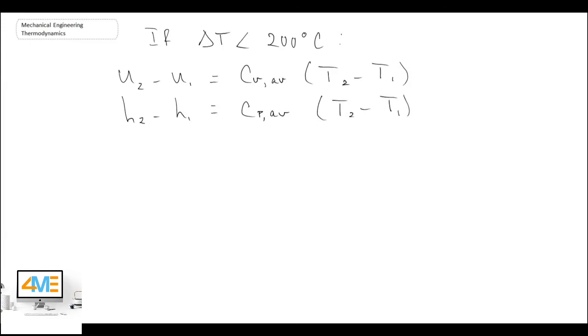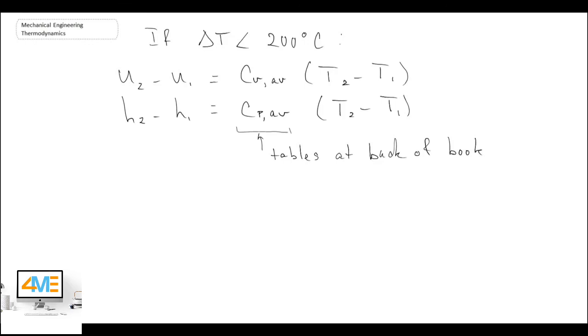And that would be an approximation for the change in either internal energy or enthalpy. And values of specific heat, again, there should be tables at the back of your book where you can estimate the values of specific heat for whatever gas you might be looking at.